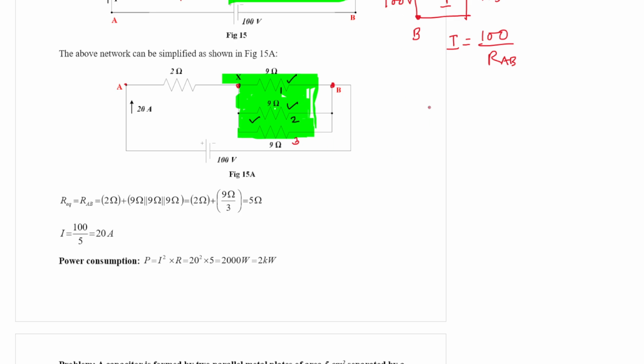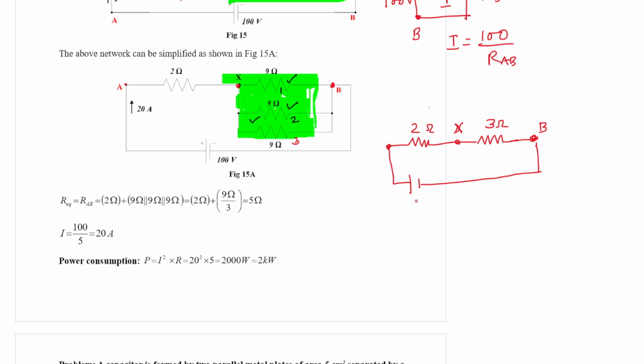So if we represent this network in this way, this is the 100 volt source, we have this node as A. Now we have a 2 ohm resistance, and this is X and this is B. So what will be the resistance across XB? It is nothing but 3 ohm.